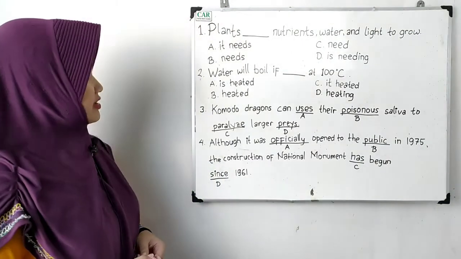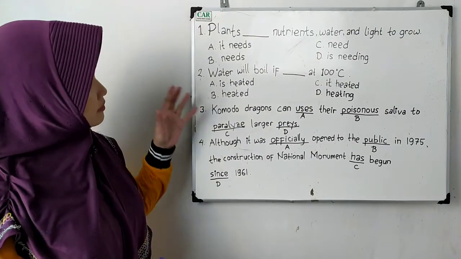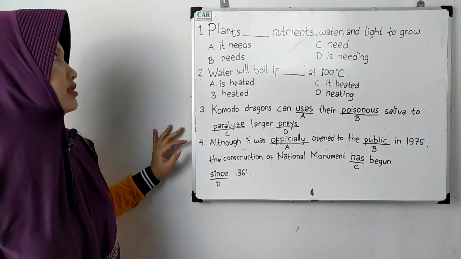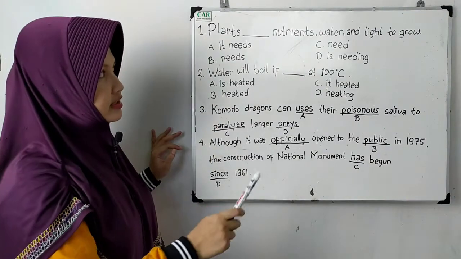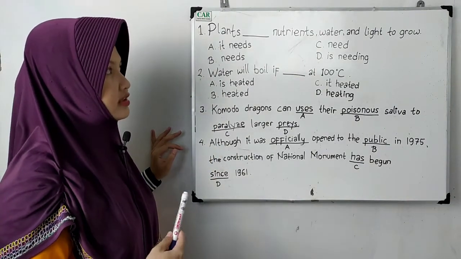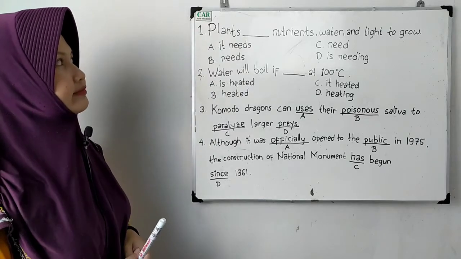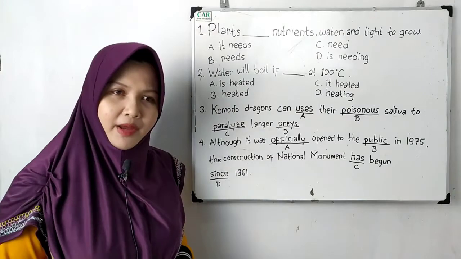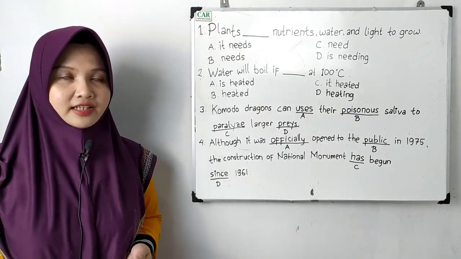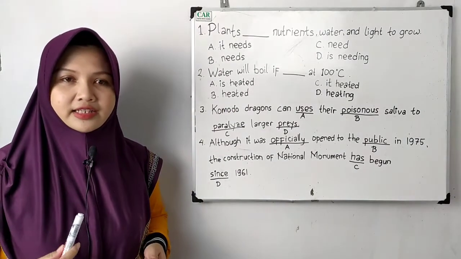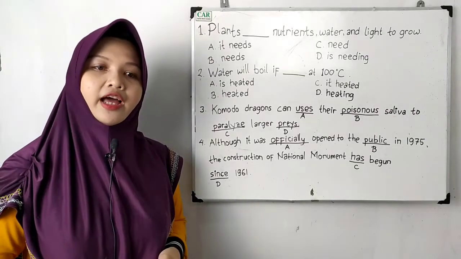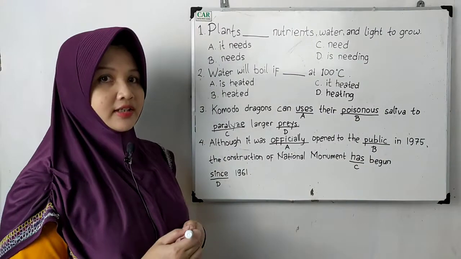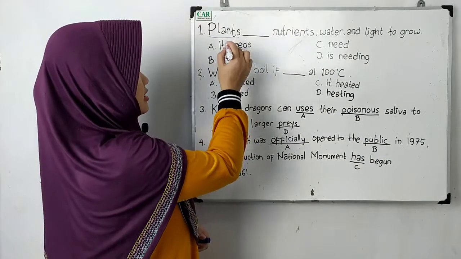Look at these 4 sentences. Okay, the first question. Plants blah blah blah nutrients, water, and light to grow. Well, please remember that a sentence must have at least a subject and a verb. So where is the subject here? Yes, plants is the subject.